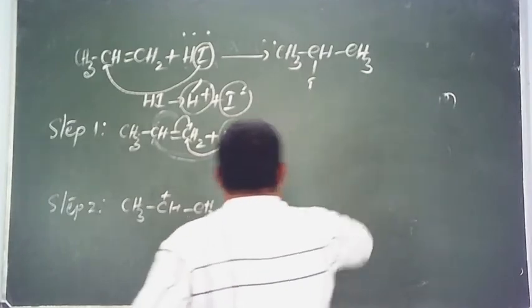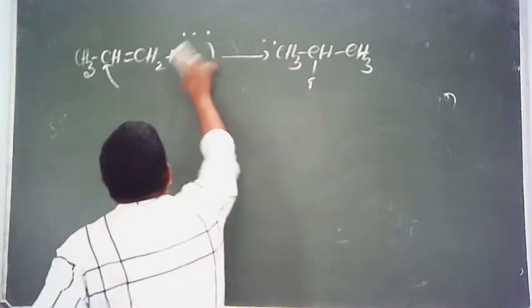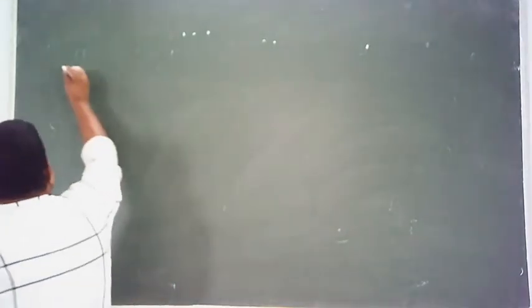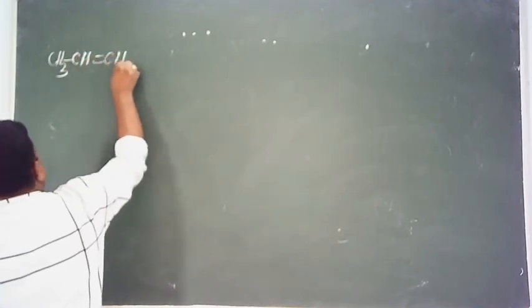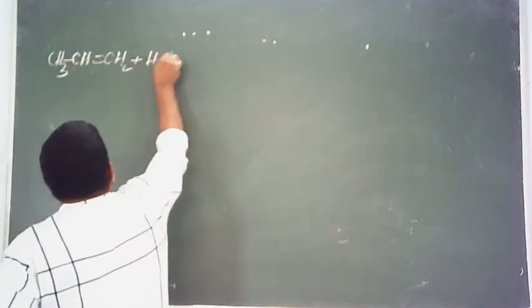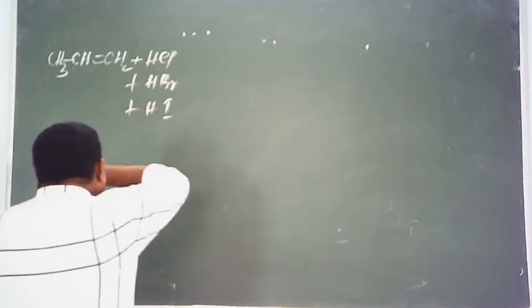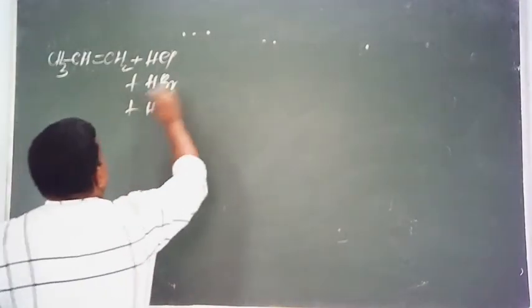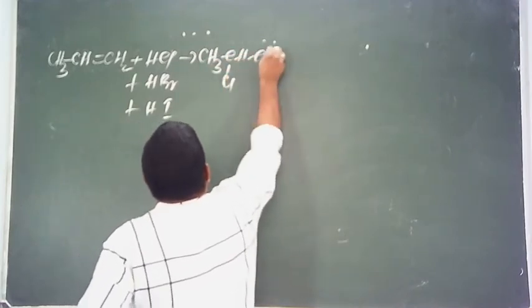Okay. Now let me go through the addition of HBr in the presence of a catalyst. See the difference. I have taken propene here, CH3, CH, double bond CH2. Let me add HCl or HBr or HI. Addition takes place in accordance with Markovnikov's rule only. So here we get CH3 CHCl CH3.